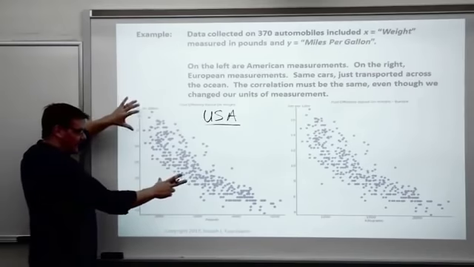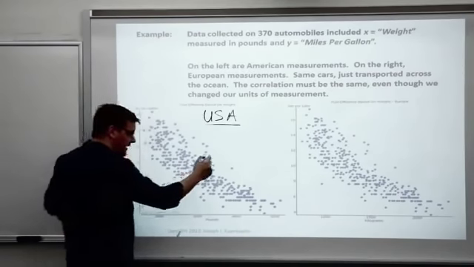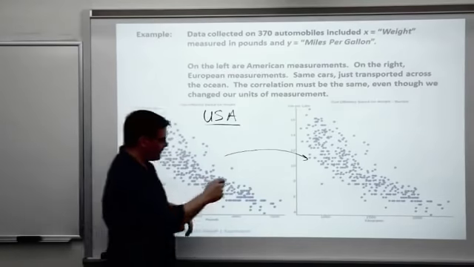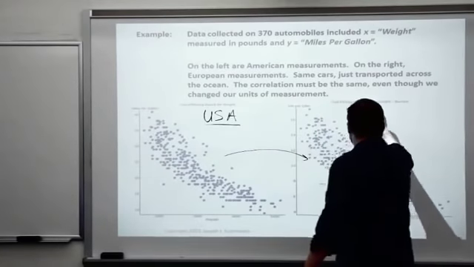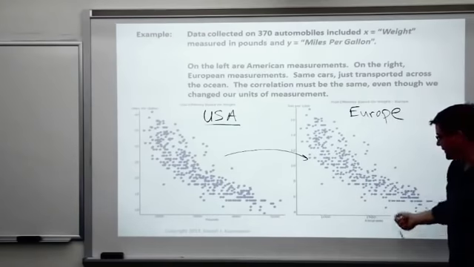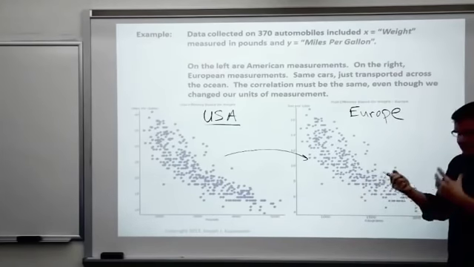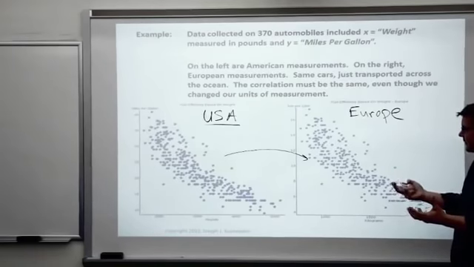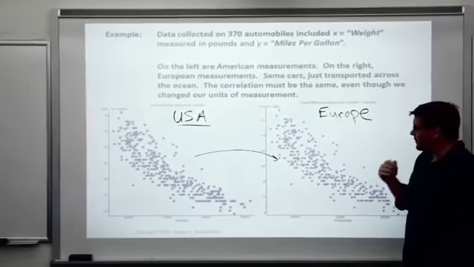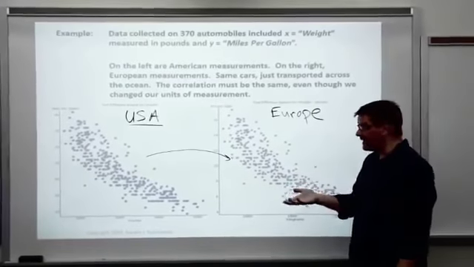If I take these same cars and transport them across the Atlantic Ocean over to Europe, over in Europe they won't measure things in pounds, they'll use kilograms. So we're changing the units. The X variable changes in units. And instead of miles per gallon, they'll probably use something like kilometers per liter.